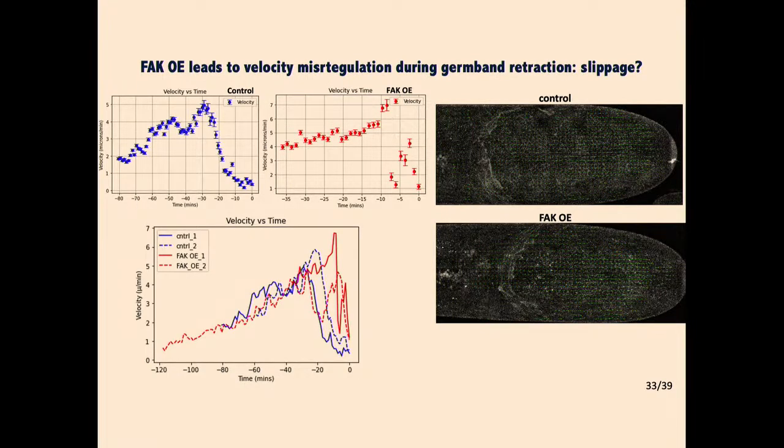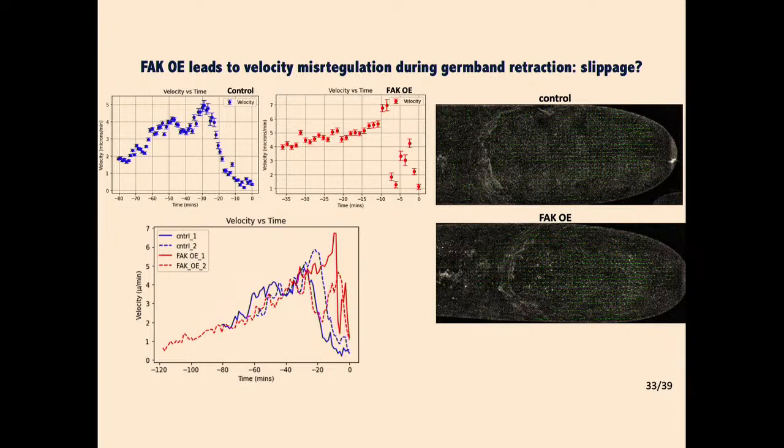The other thing that we see, and for some reason these movies are not playing, but these are again PIV analysis of controls and mutants, looking at the velocity profiles of controls and mutants.